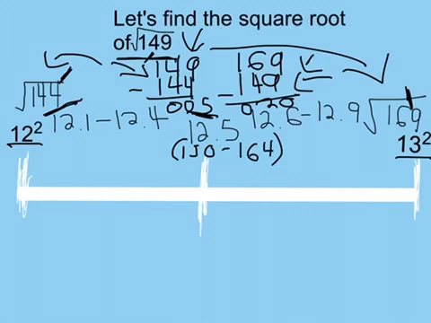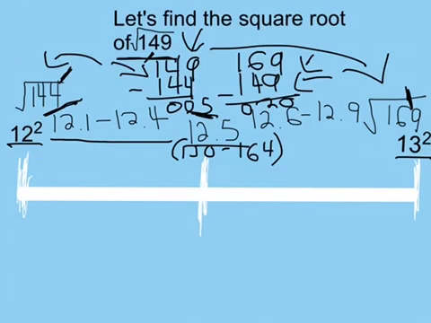So, now we have to find the decimal that the square root of 149 will be equal to. So, anywhere from 12.1 to 12.4 would be accurate. But let's try and get even more accurate. So, 149 is pretty close to 150, which is also 12.5.